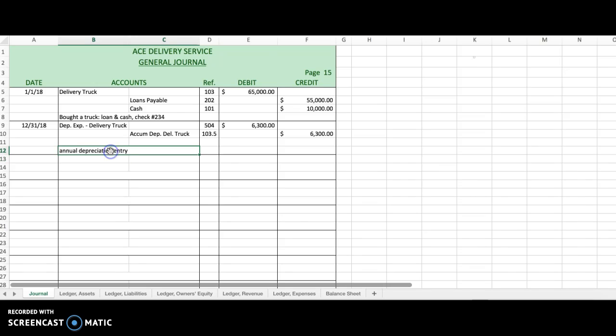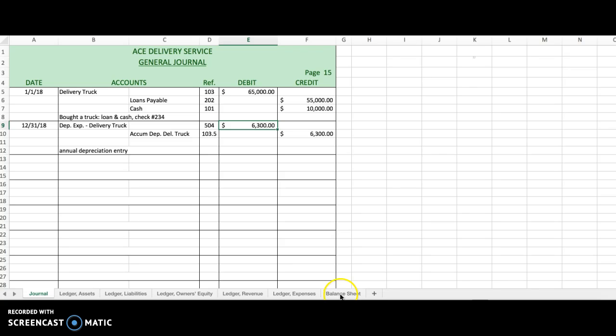So this is at the end of the year. If we were doing this every month, we would have to take that 6,300 divided by 12, which gives something like $525. So that would have to be done every month if this business has a monthly accounting cycle. In this case, we said it has a year, so we use the full 6,300. So that's what we'll be dealing with for the next few problems in this course.